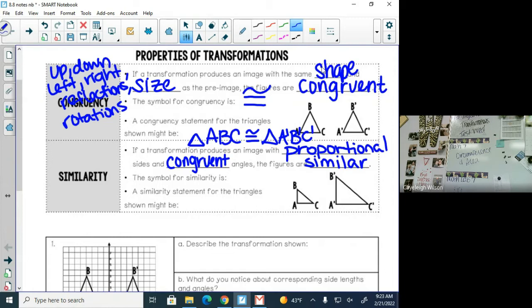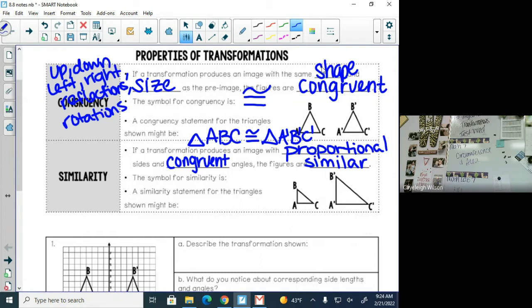Proportional size just means that the ratio of the side lengths is the same all the way around the triangle. If I took a ratio, like if this side's 2 and this side's 4, that's a ratio of 1/2. So these sides would be a ratio of 1/2, and these sides would be a ratio of 1/2. It just means that they're all reduced by the same amount or enlarged by the same amount.